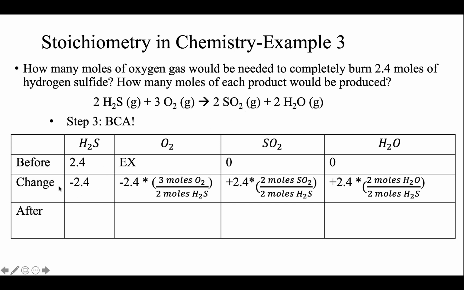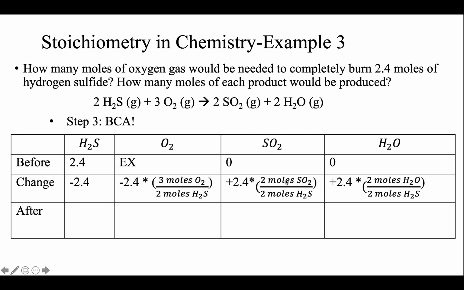Okay, so in the end, we will have used up all of our H2S. And we're also going to use up 2.4 times 3 moles of oxygen gas over 2 moles of hydrogen sulfide. Again, this amount is basically the amount of oxygen gas we're going to consume in this reaction.